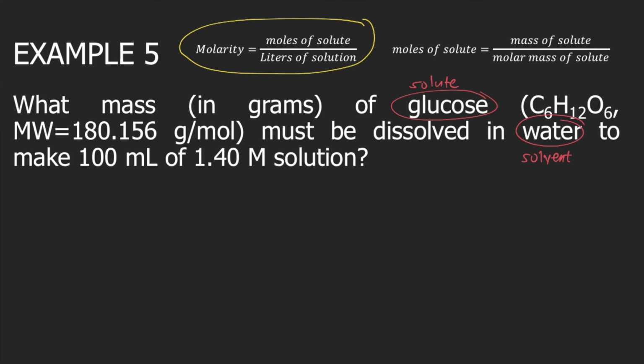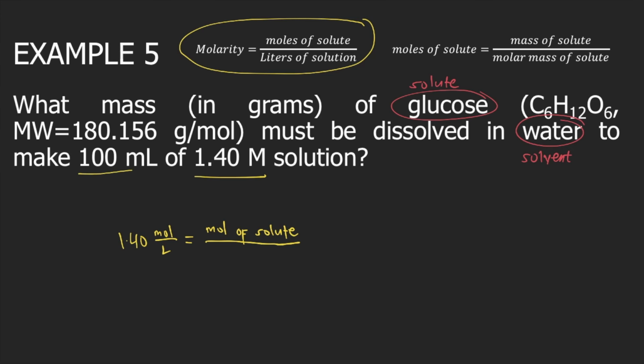We are given the molarity of the solution, 1.40 moles per liter. This is equal to, we are not given the moles of solute, so just write moles of solute, divided by liters of solution.